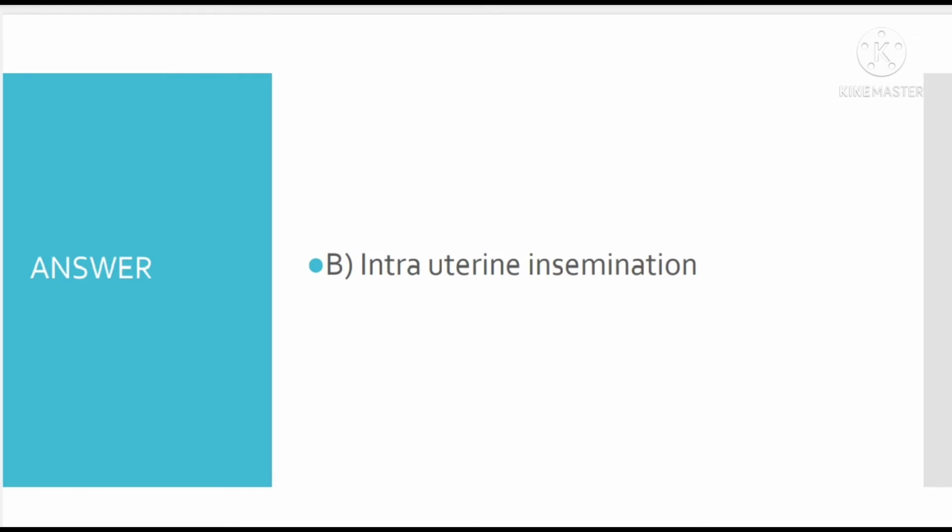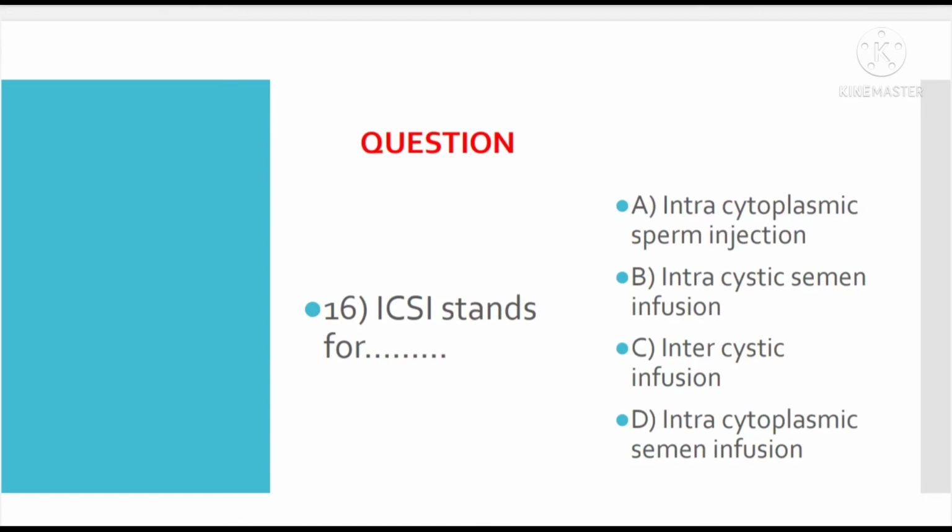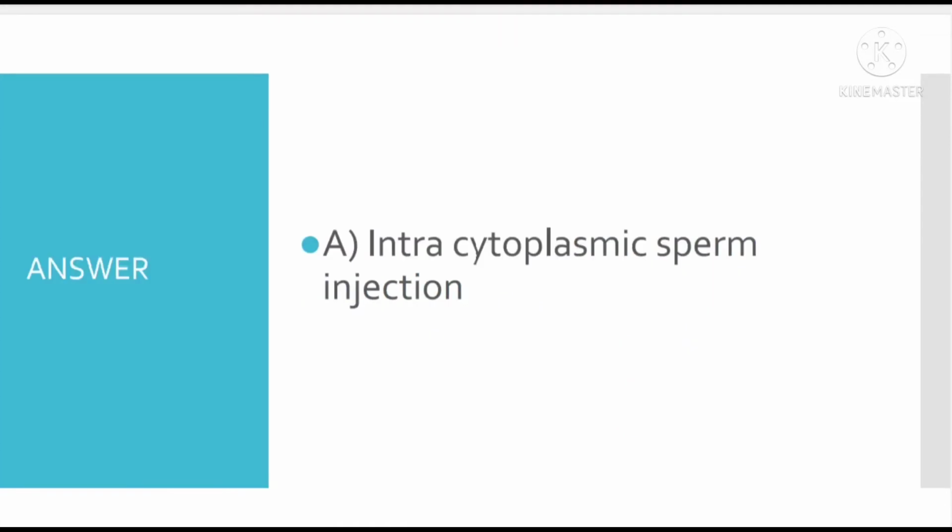Next question, question number 16. ICSI stands for: option A intracytoplasmic sperm injection, option B intracystic semen infusion, option C intercystic infusion, and option D intracytoplasmic semen infusion. Here the correct answer: option A, intracytoplasmic sperm injection. Next question, question number 17.